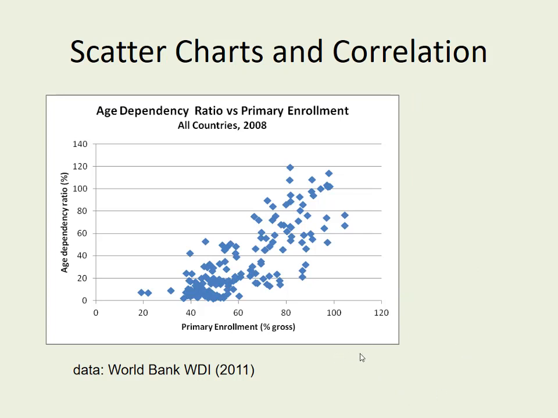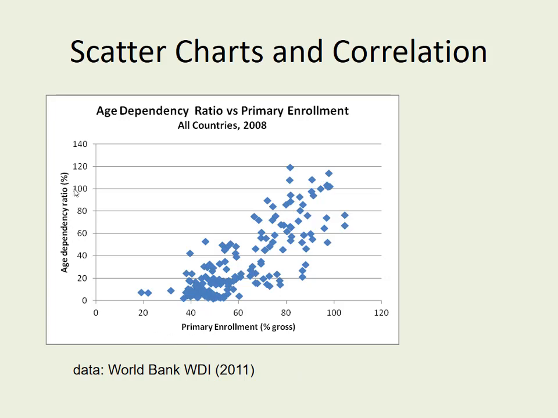So here's the first example. All countries, 2008, from World Development Indicators. Primary enrollment here, and the age dependency ratio. That's the ratio of people of working age to overall population, or really the other way around, the overall population to people of working age.